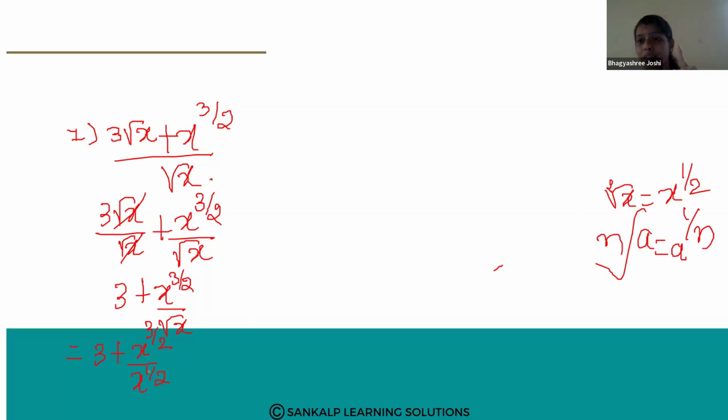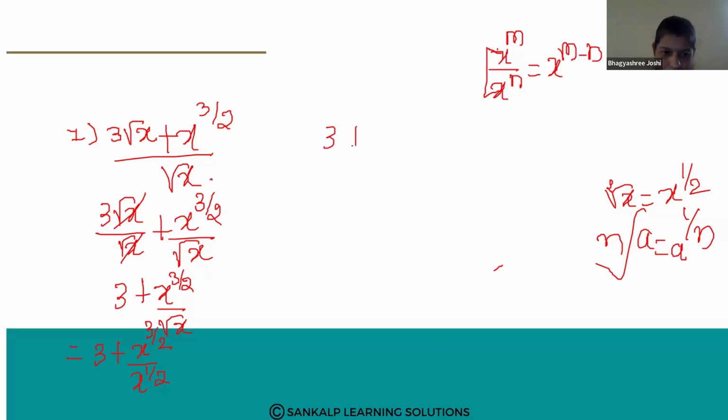Try to remember the properties of exponents. If the base is same and powers are different, then what will happen? X raised to m divided by x raised to n is equal to x raised to m minus n.